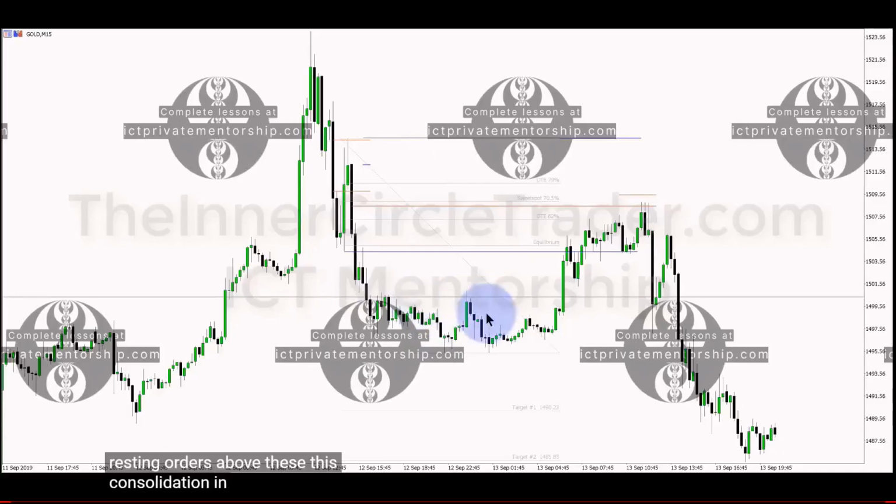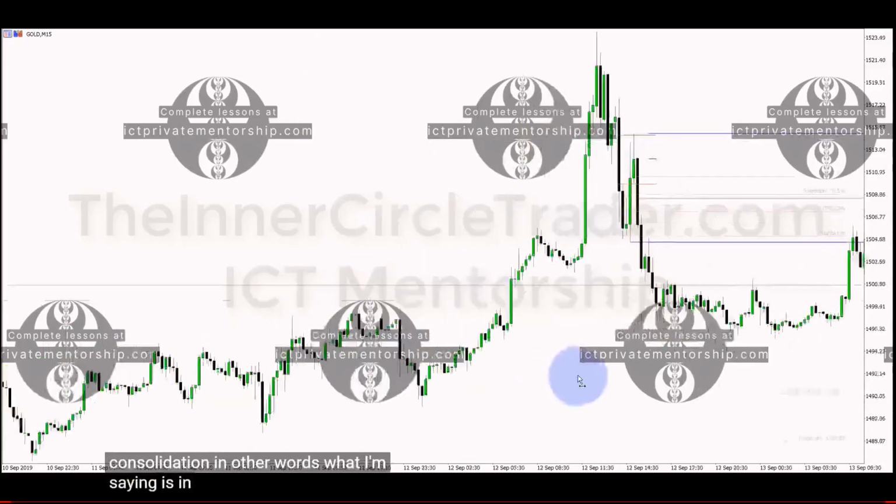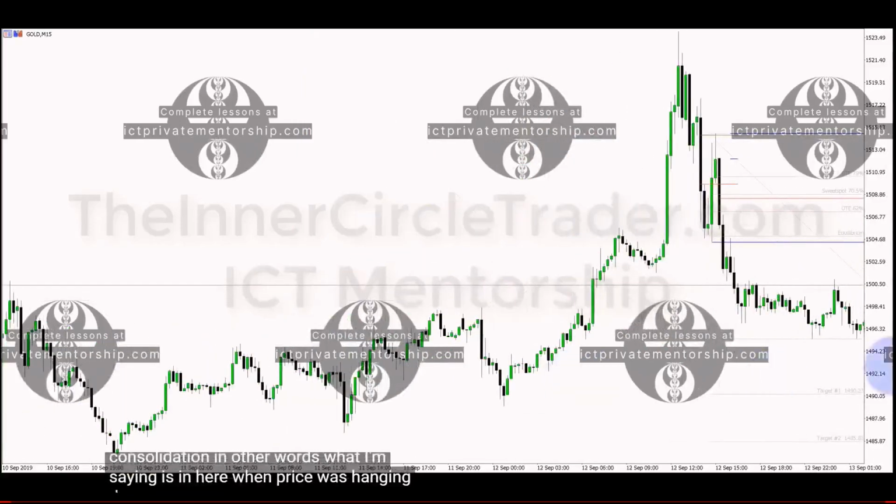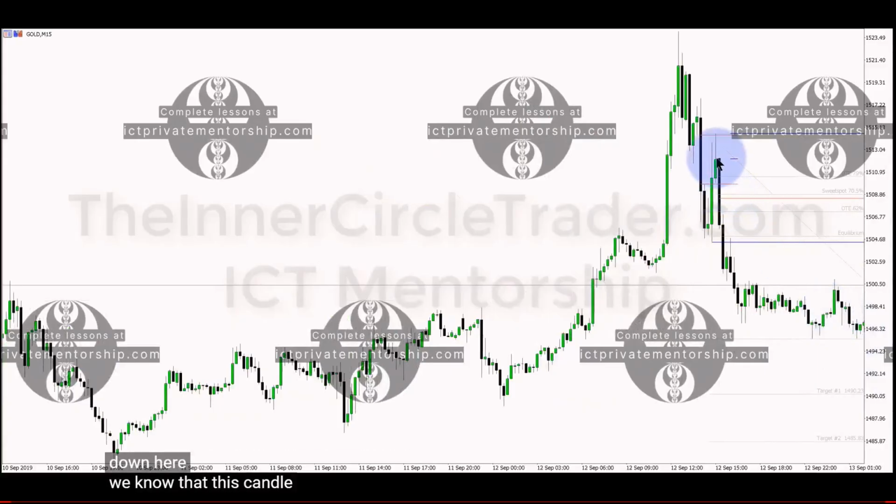this consolidation. In other words, what I'm saying is in here, when price was hanging down here, we know that this candle's high, this candle's low, and this candle's high here, there is a gap. We split that in half, that's this level right here. And it's 1508.